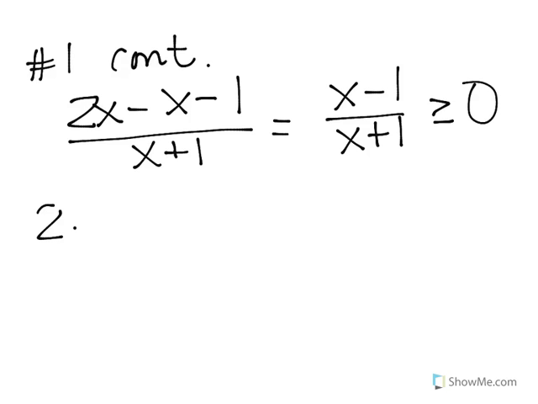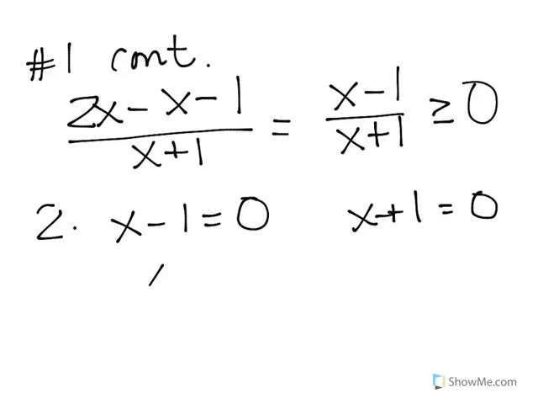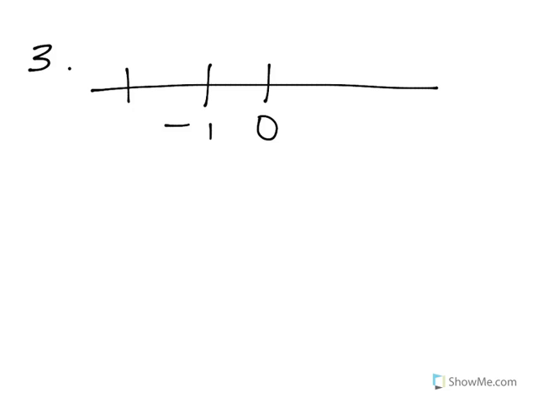So, x minus 1 equals 0, x plus 1 equals 0. So our boundary points are 1 and negative 1. Now we go to step 3 and we graph those boundary points. Have our number line, 0, negative 1, negative 2, 1, 2.